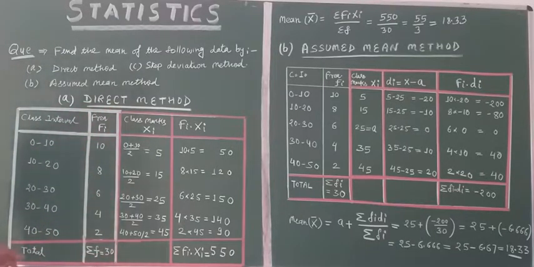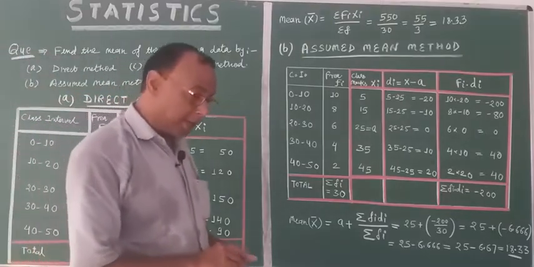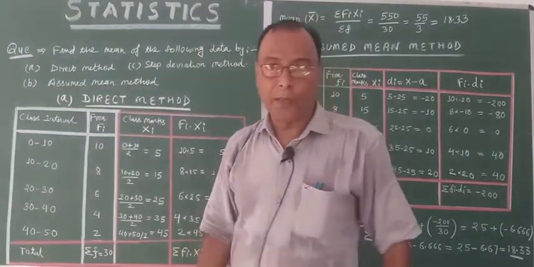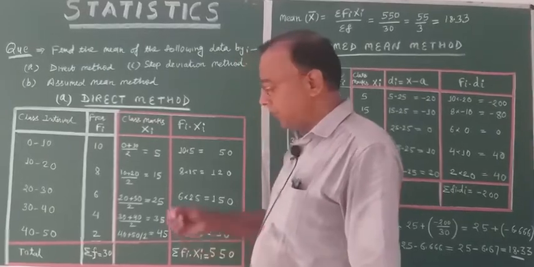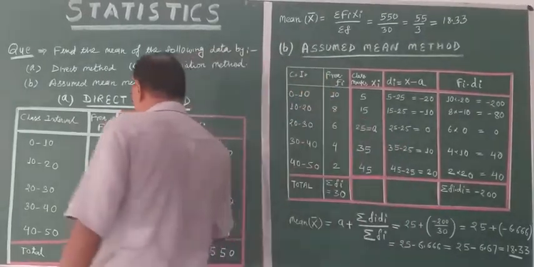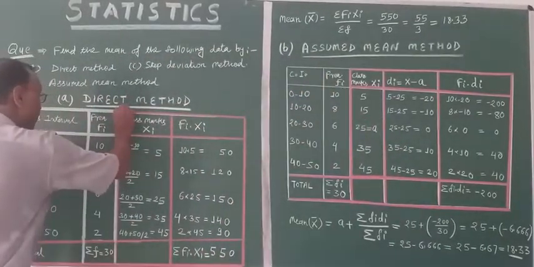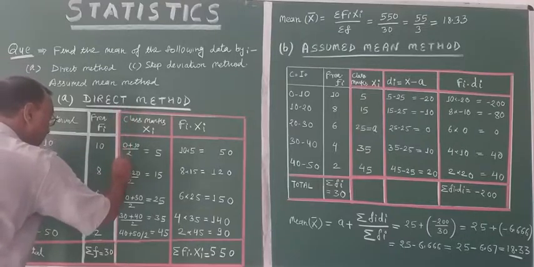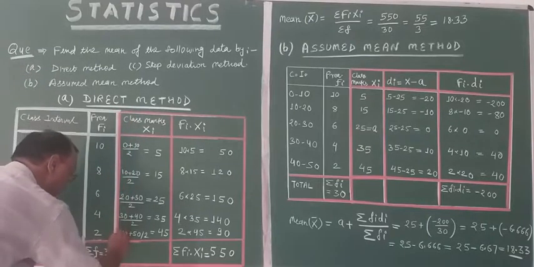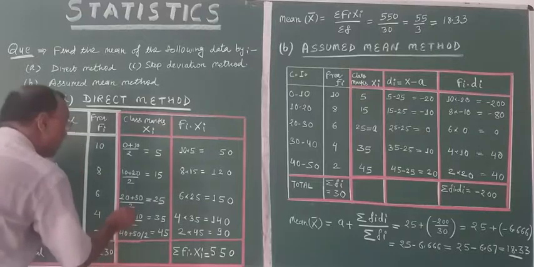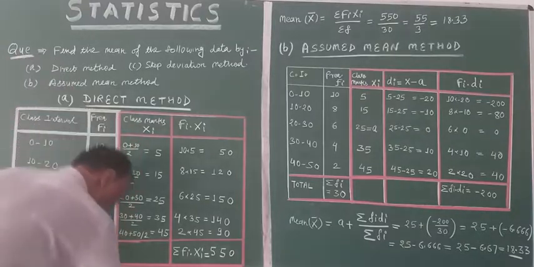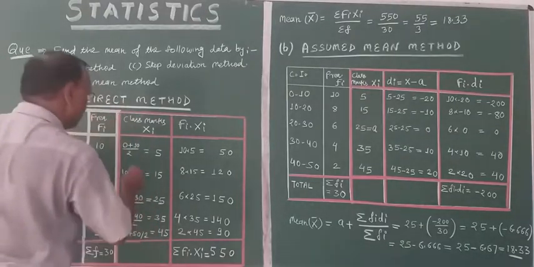Now you have to draw the extra columns and extra row, which I am drawing with red chalk. आपने ये एक्स्ट्रा कॉलम इसमें बनाने हैं, जिसको मैं रेड कलर से बना रहा हूँ.